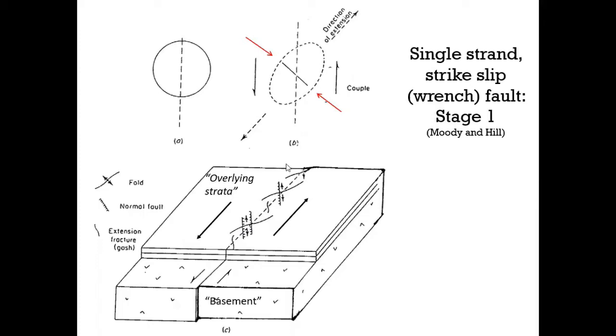So this tick mark, the shorter lines on one side of this solid line indicates the direction. So here, in this case, we have a mini graben structure, another normal fault here. We think this strike-slip fault zone we created normal faults, extensional fractures.